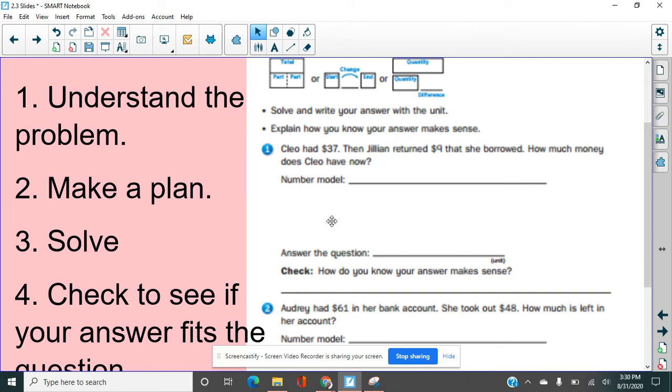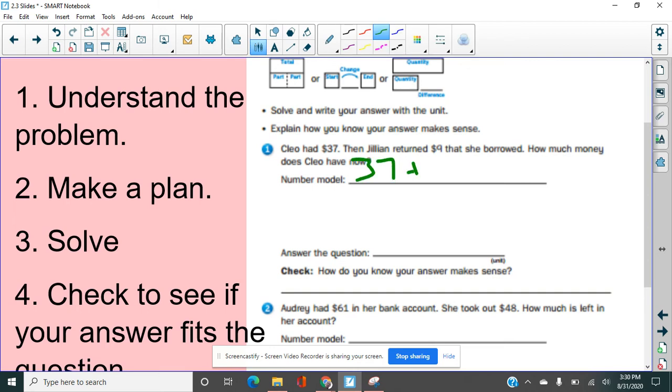So will Cleo have more money or less money than she had at the start? She had $37. Will she end up with more money or less money? She will end up with more money because Jillian is giving her more. So do you think I need to add or subtract? I need to add, right? Because she is getting more money.